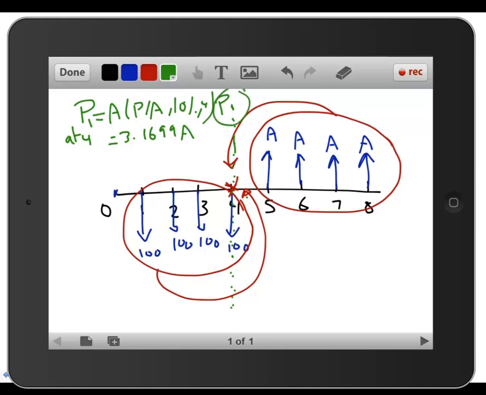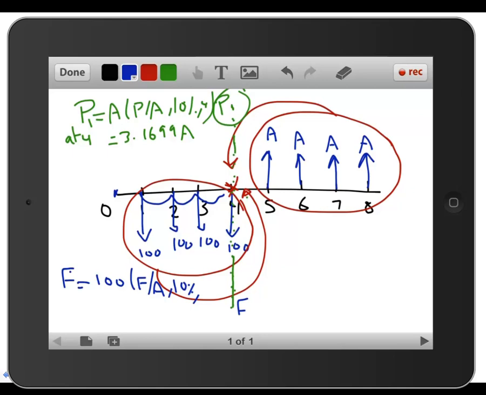Now I need to bring those to the future, so I need to find F, the future value here. The future value should equal to 100 F given A with 10%, and again I have 1, 2, 3, 4 periods, because I have also the last one.